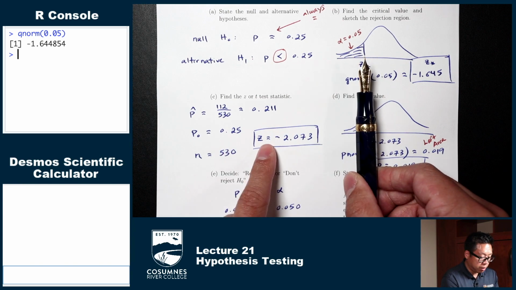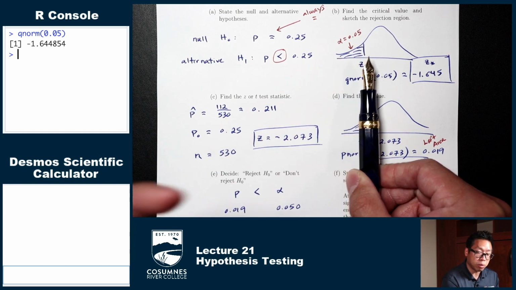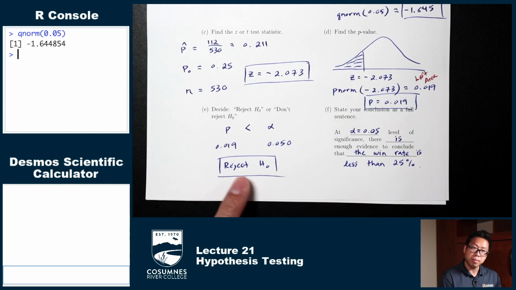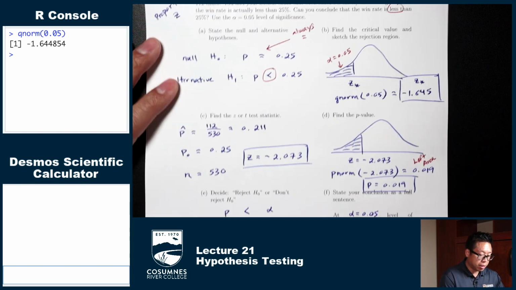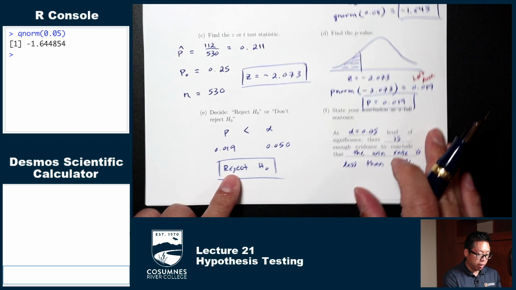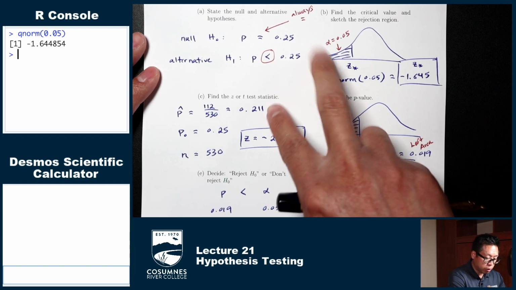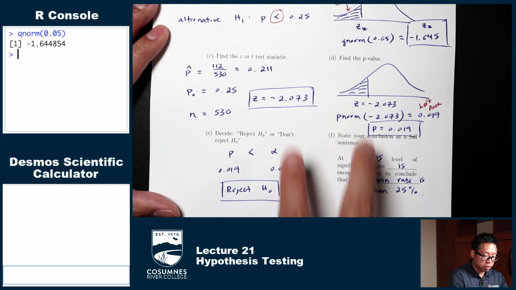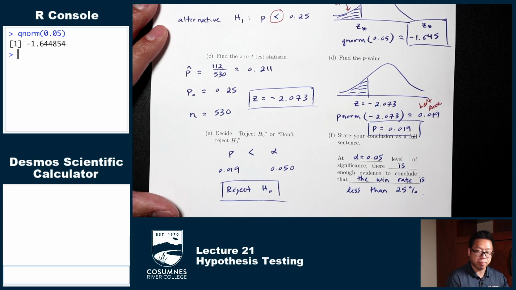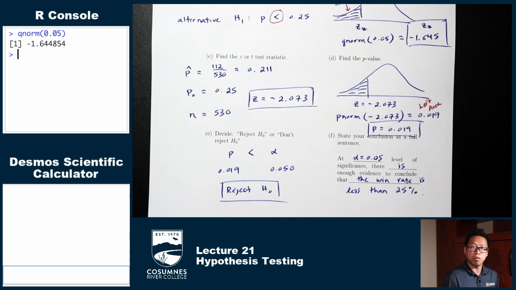So this z is in the shaded region. That tells me that I should reject, which we did. So this gives us another way to double check our work for part E, reject or don't reject. So the critical value approach should give you the same answer as the p-value approach. So that just gives you another way to check.